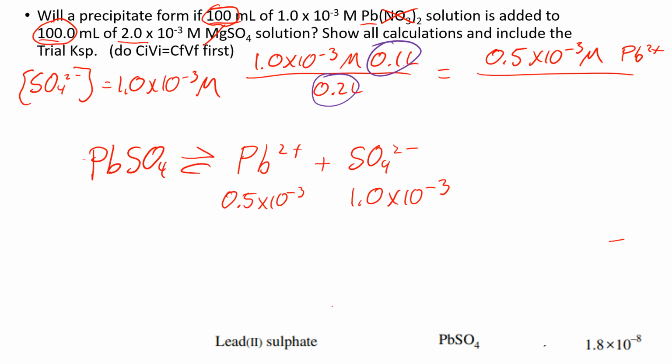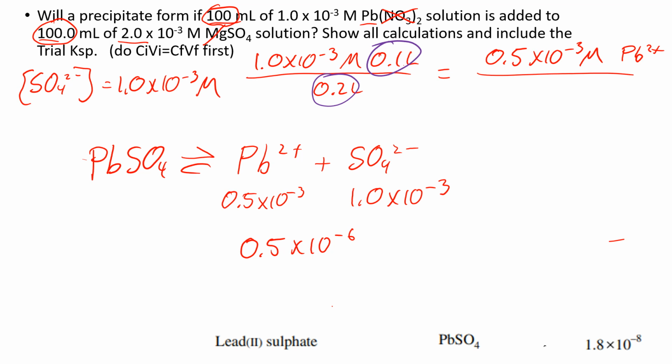When you get things like this, you can just multiply the numbers together: 1 times 0.5 is simply 0.5, times 10 to the minus 3 times 10 to the minus 3 is times 10 to the minus 6.